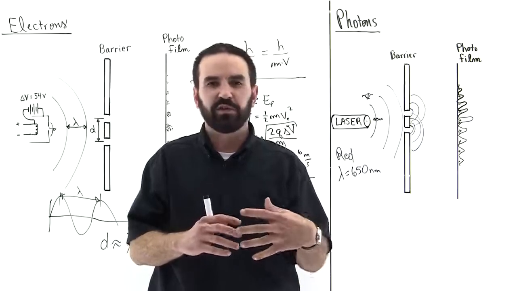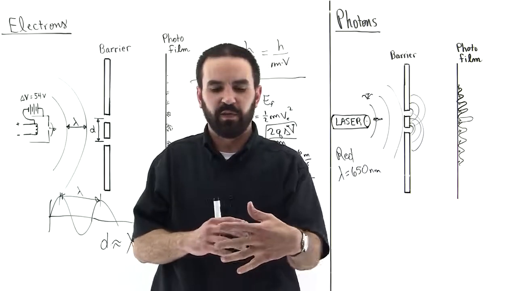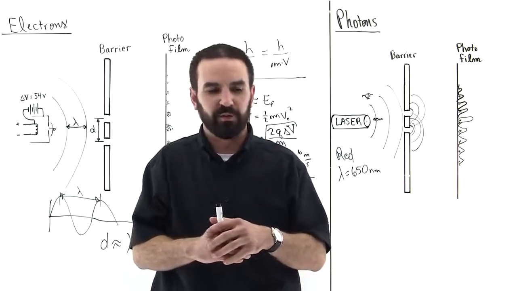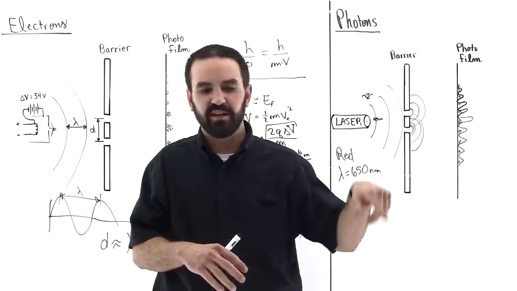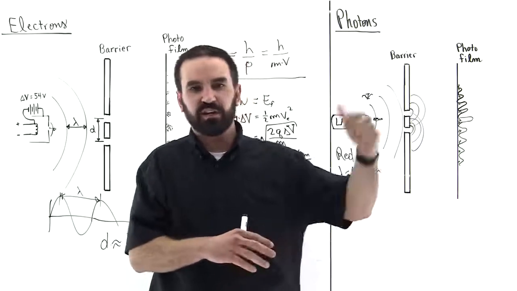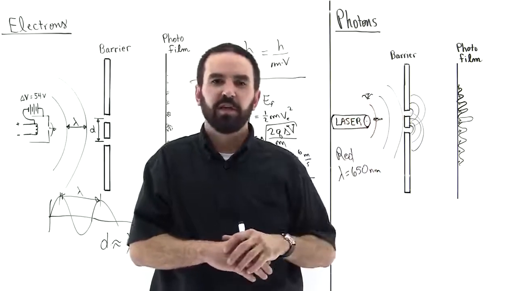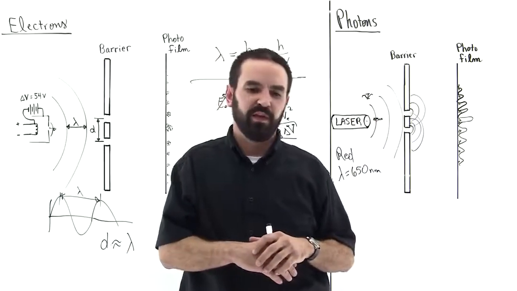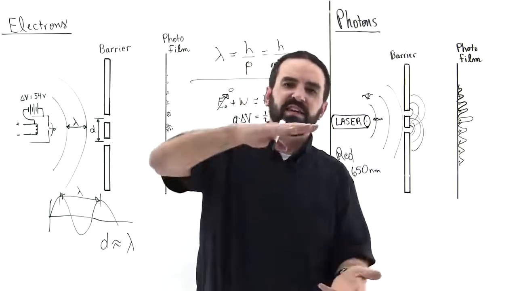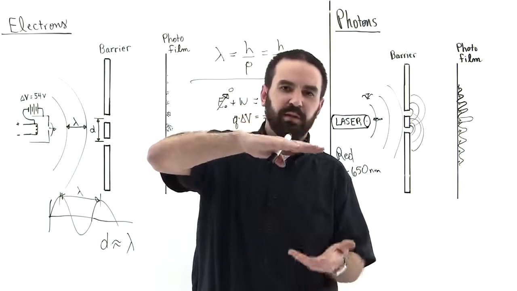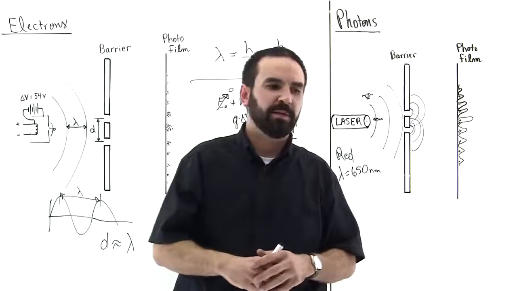So the electromagnetic wave theory fails in the photoelectric effect, right? It's not adequate to describe what's going on in that experiment, because if you have a large intensity, then you should eject more and more electrons. But that was not observed. The intensity is proportional to the amplitude of the wave.